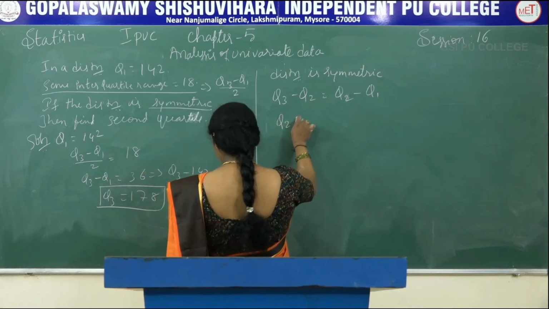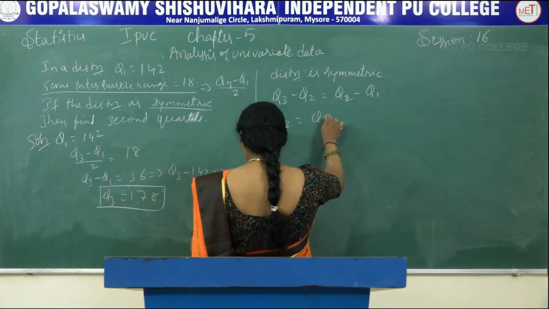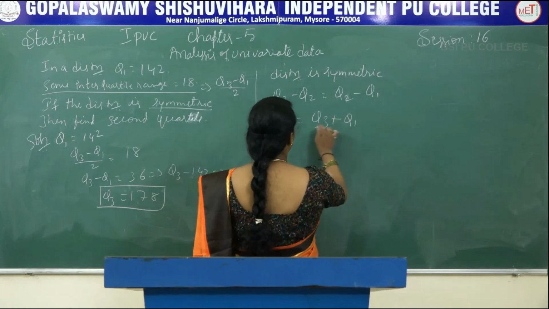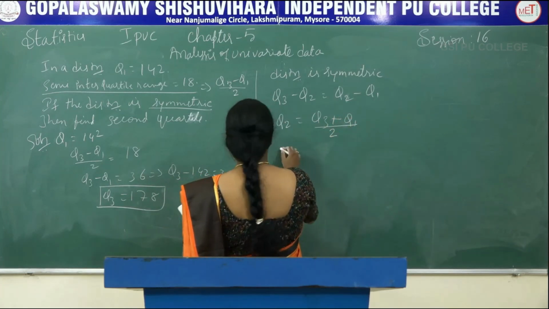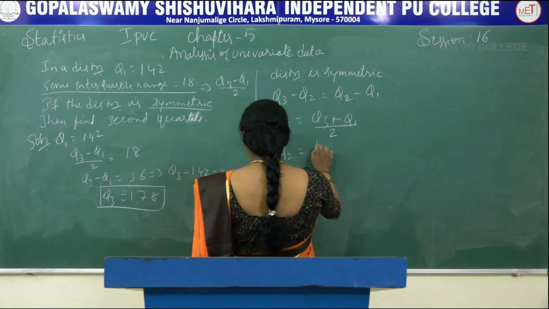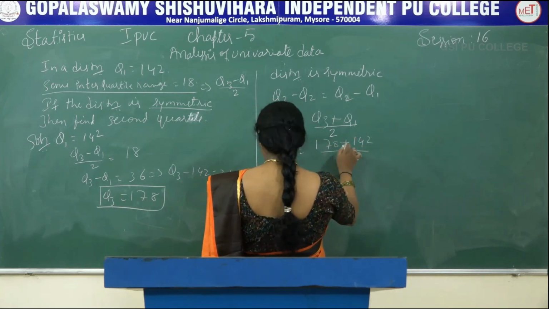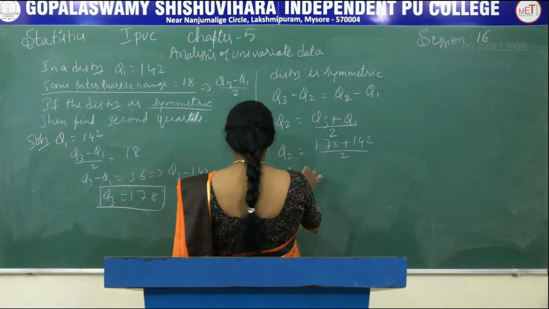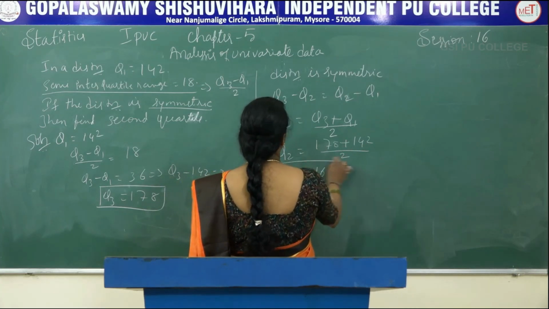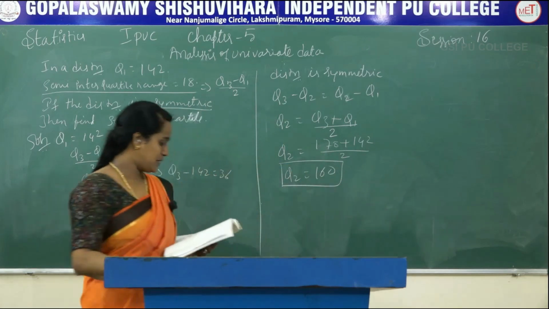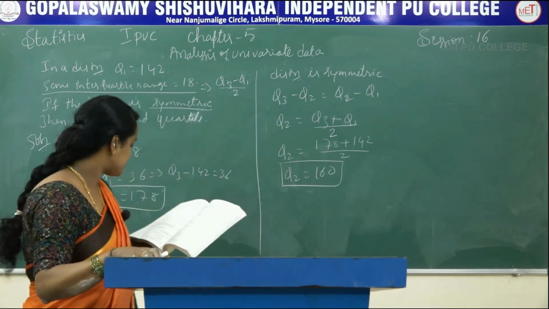So Q2 is equal to (Q3 plus Q1) by 2. Therefore, Q2 is equal to (178 plus 142) divided by 2. So Q2 is equal to 160.